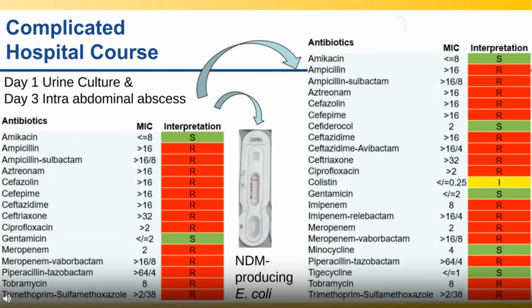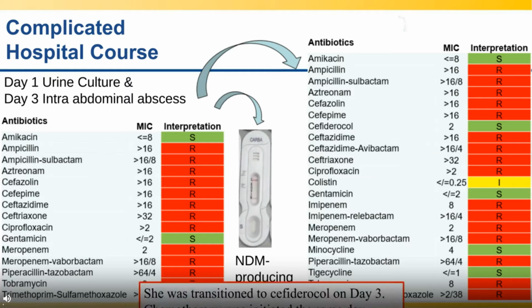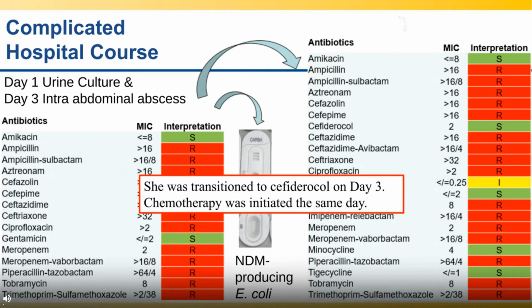It did, however, retain susceptibility to cefiderocol as well as minocycline and tigecycline. And so the patient was transitioned to cefiderocol therapy on day 3 once these AST results were available to the clinical team, and chemotherapy was initiated on the same day.